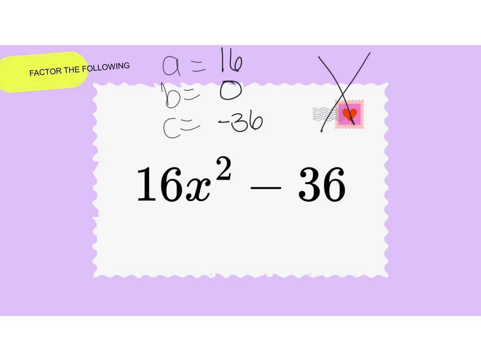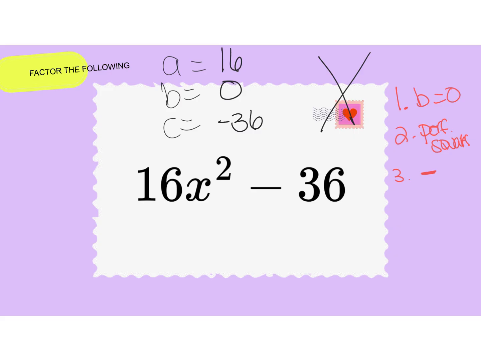The other way is, well, when I look at this problem, what do I notice? Well, one, I notice that the B value equals 0. The second thing is when I look at my A and C, I notice that they are perfect squares, okay? And then my third is that both of those are connected by subtraction. So in my mind, I'm thinking, do I have a difference of squares?